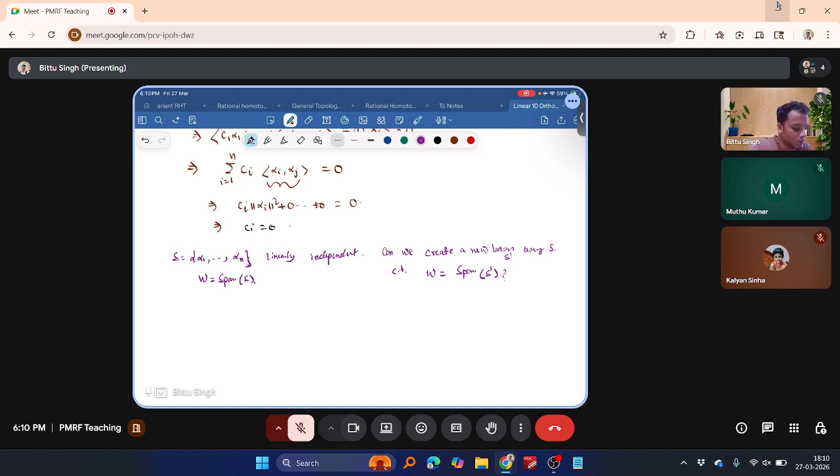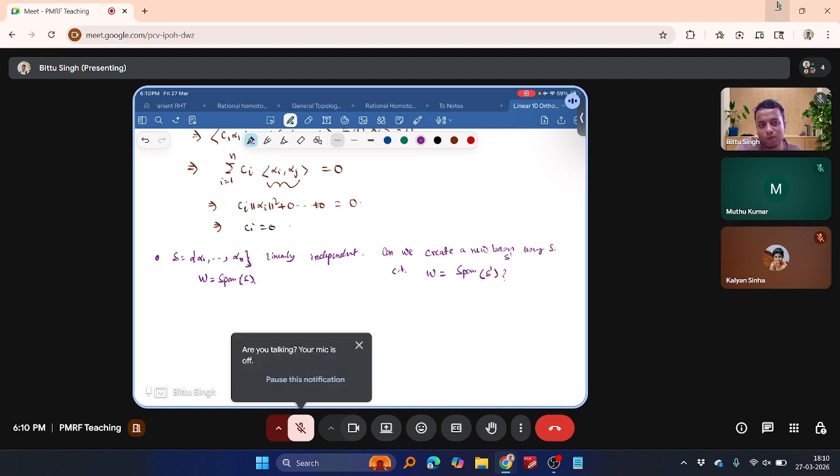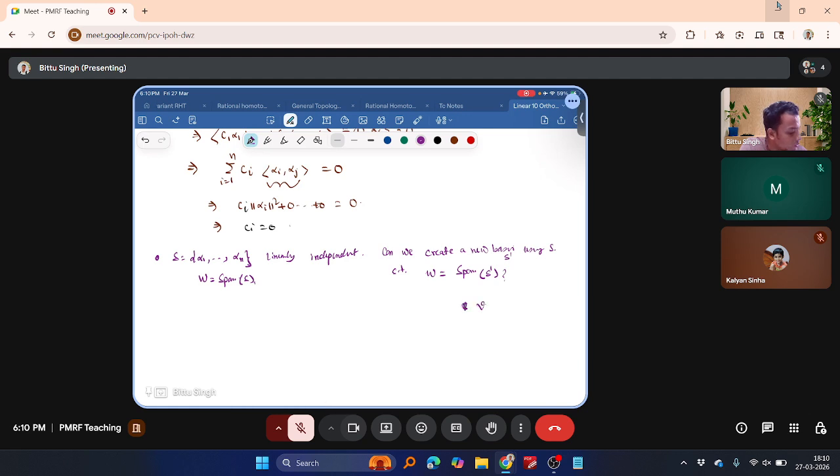This is an interesting question because you have already seen that an orthogonal or orthonormal basis is very powerful. You can express any vector in terms of this orthogonal kind of basis very easily.